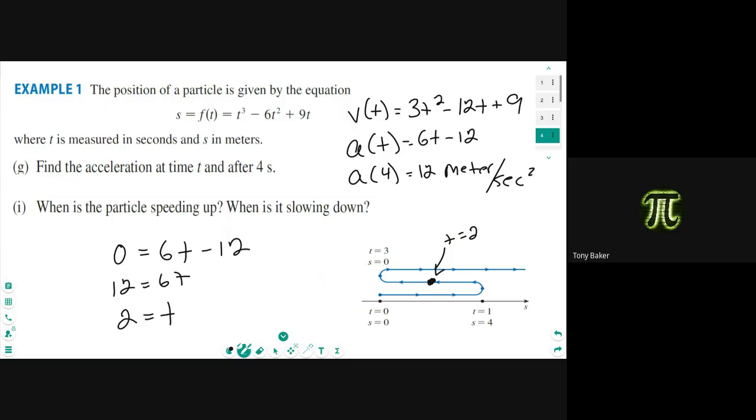All right, so when is it speeding up? When is it slowing down? I just need to plug in a point on either side and figure out where it's positive and negative. So let's do t equals 0 and t equals 4. If I plug 0 into that, what do I get?